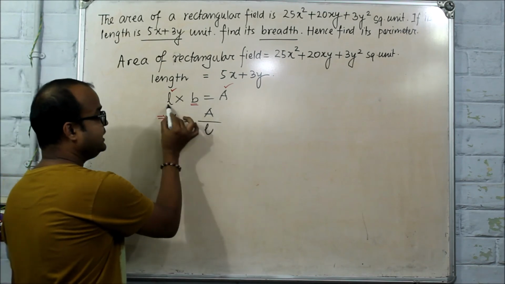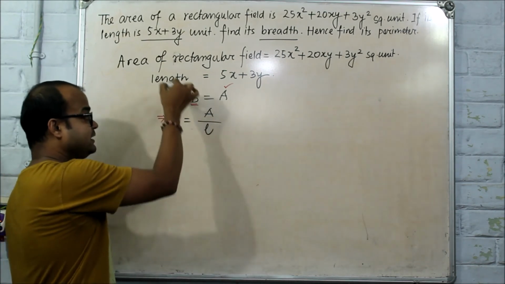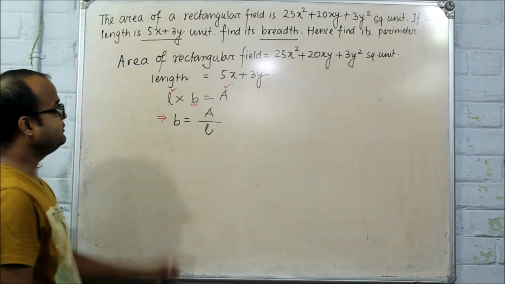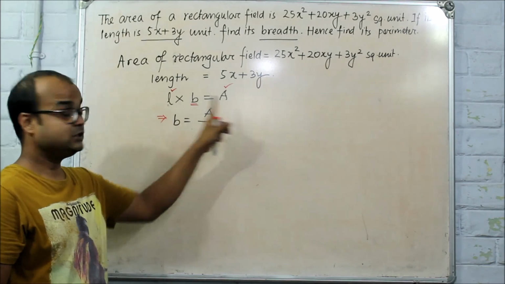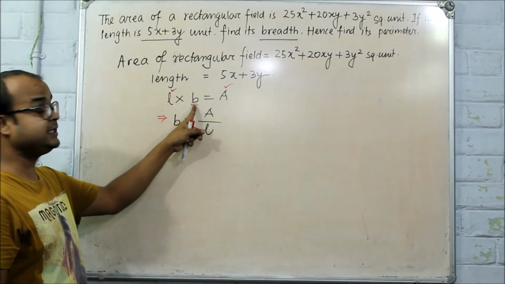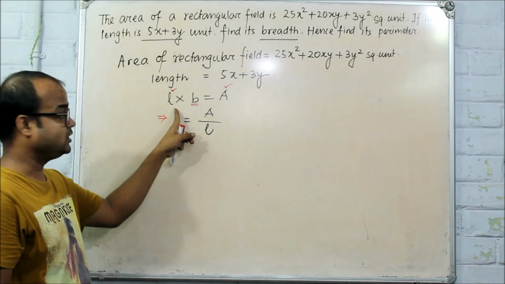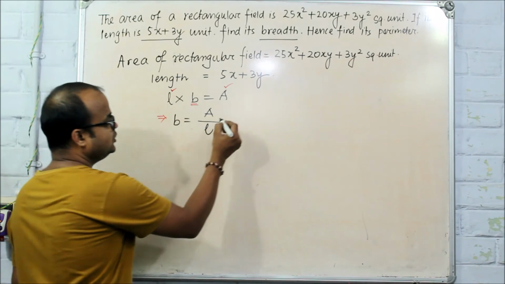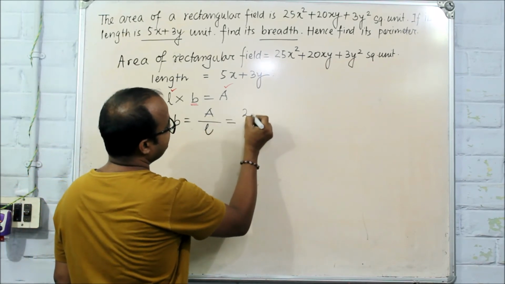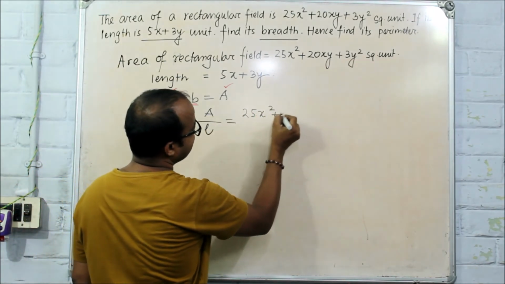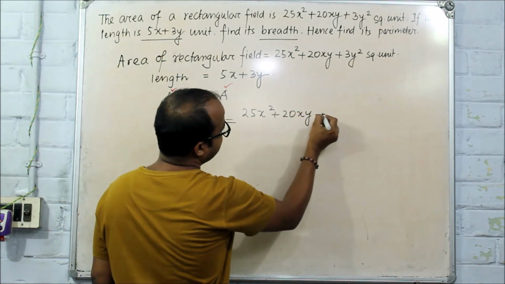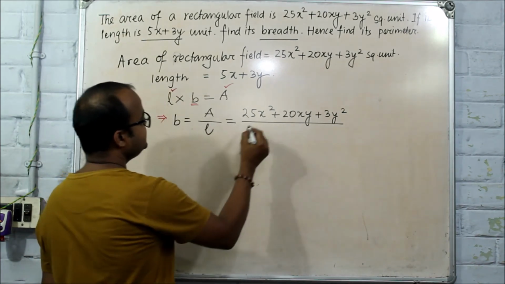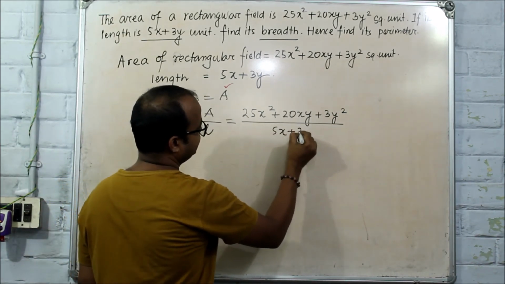These two are multiplied, so when length changes side, it will divide. So area is given as 25x square plus 20xy plus 3y square divided by length, that means 5x plus 3y.